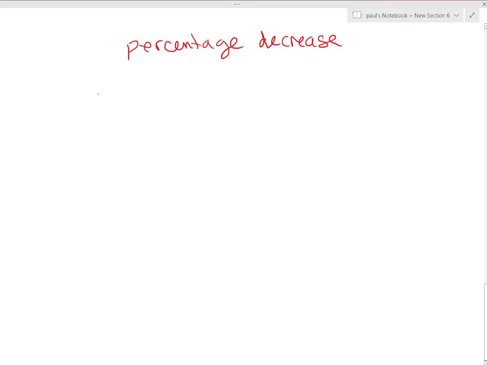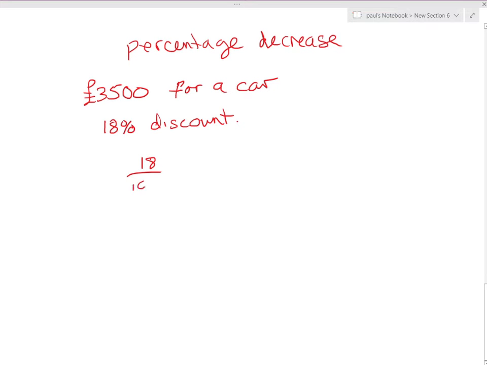So there's £3,500 for a car. We've got 18% discount. How much is the car worth now? So find out what 18% of 3500 is.